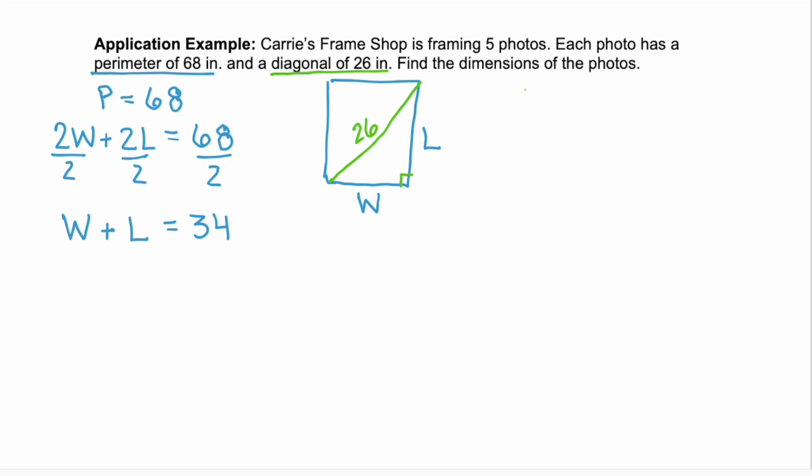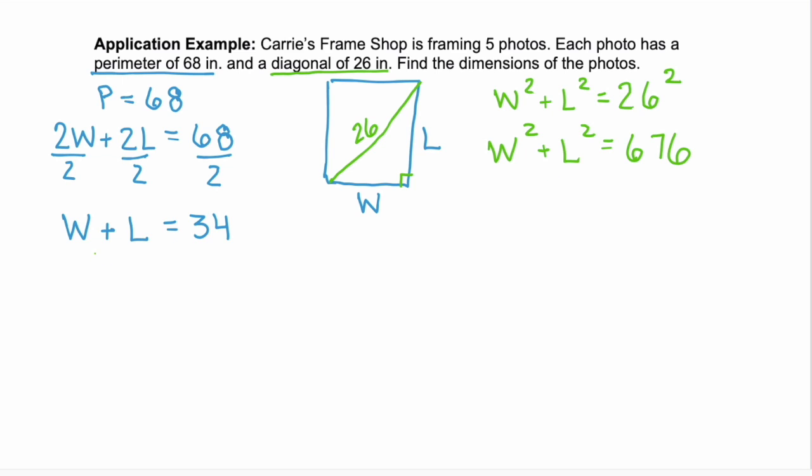And remember, Pythagorean theorem, a squared plus b squared equals the hypotenuse squared, or W squared plus L squared equals 26 squared. Let's write that out. W squared plus L squared equals, and 26 squared is 676. So we have two equations now.